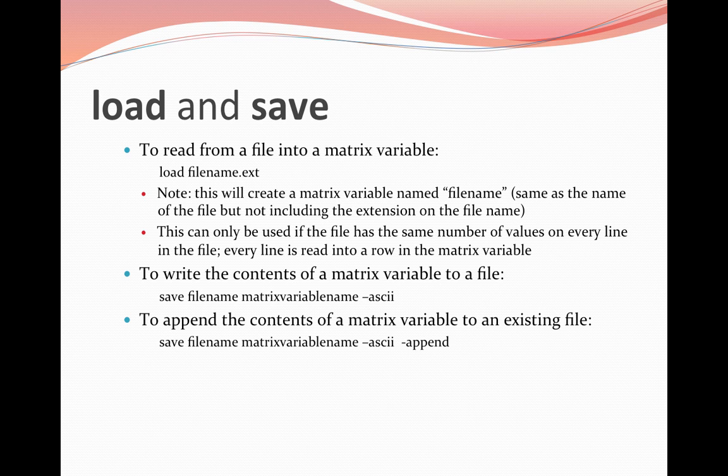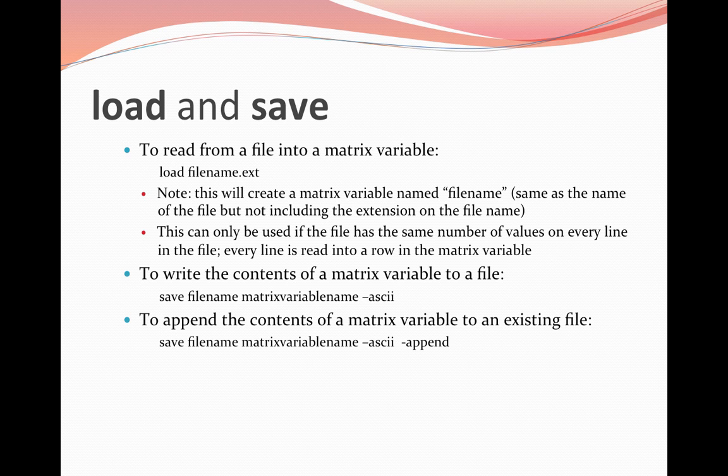If you have a file that basically looks like a matrix, and you want to read it into a matrix variable, you use load for that. So what do I mean by looks like a matrix? Well, a matrix has the same kinds of values in every element, and it also has to have the same number of values in every row in the matrix. So if a file looks like that, for example, if it's a file of numbers and you have the same number of numbers in every line in the file, then you can read it into a matrix variable by saying load, and then the name of the file dot the extension on the file name.